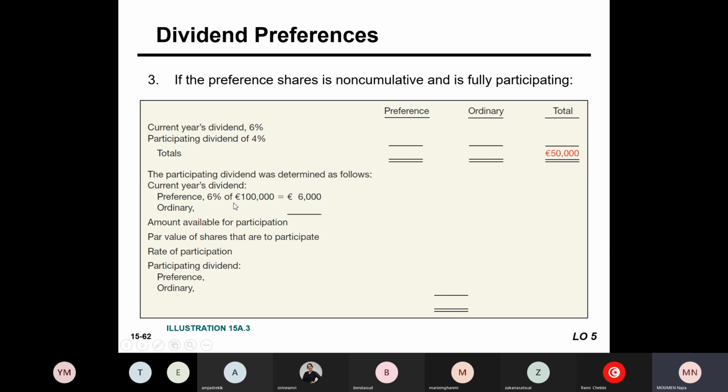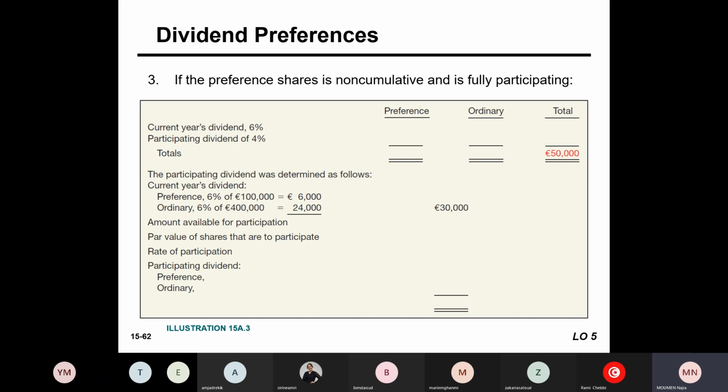As you see here, the preference shareholders will always receive 6%, the same as in the example here, times the 100, so it is 6,000. For ordinary shareholders, of course, we assume the same rate, so 6% times the 400 par value, so it is 24,000. So here we got 30,000 to be distributed to both.